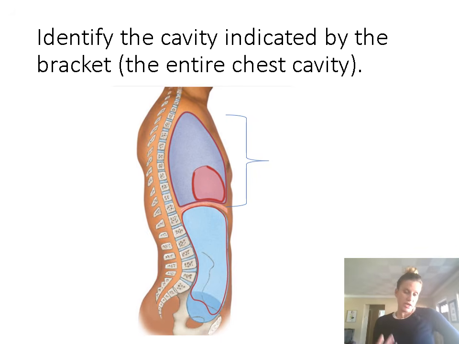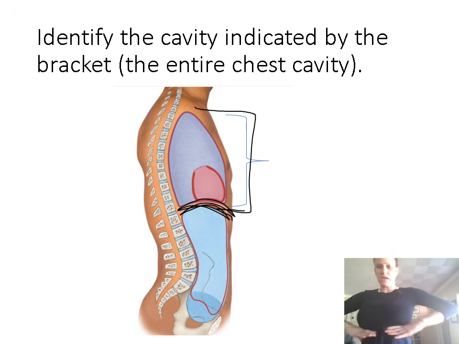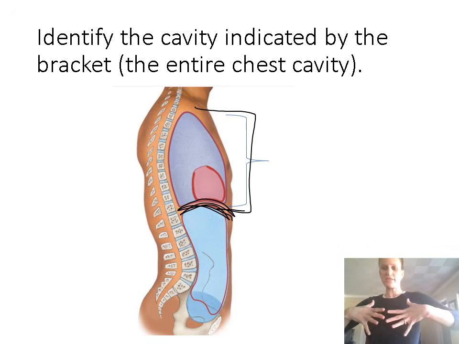Here you can see one of the pictures where we see all of the body cavities. Identify the cavity indicated by the bracket. You can see that the bracket is identifying this whole cavity. So everything above the diaphragm, this little curved pink line right here, that's showing you the diaphragm, the big muscle that separates the chest cavity from the abdominal cavity.